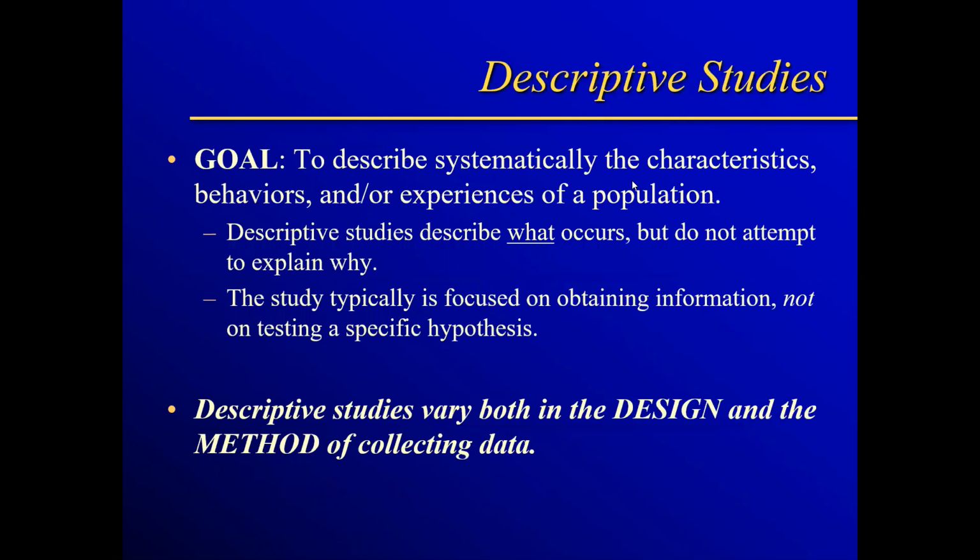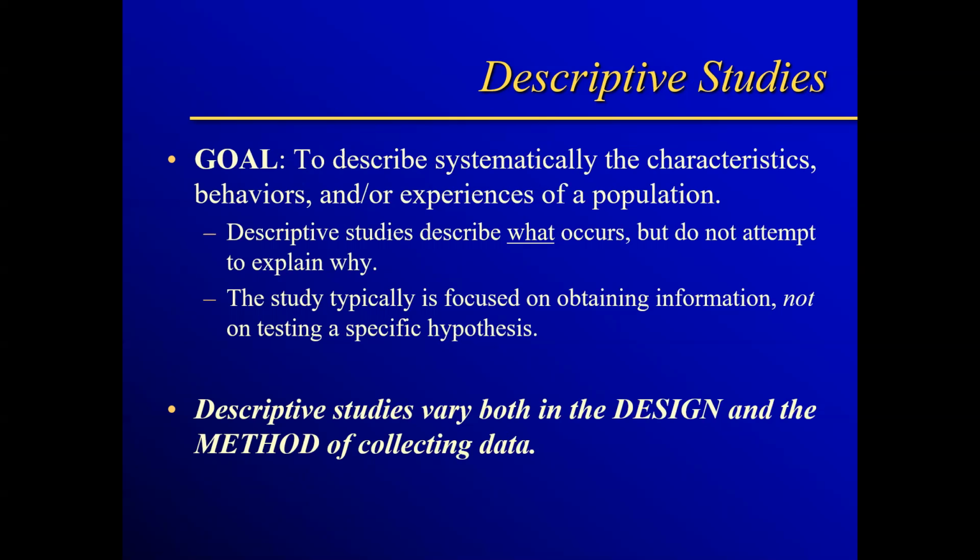So if there are no questions about that, let's move into talking about descriptive studies. This slide should be review of things that we talked about, I believe last class, where we talked about descriptive studies, correlational studies, experimental and quasi-experimental studies. The goal of descriptive studies is to systematically describe characteristics, behaviors, or experiences of a population.